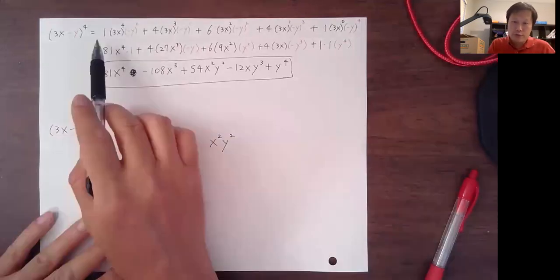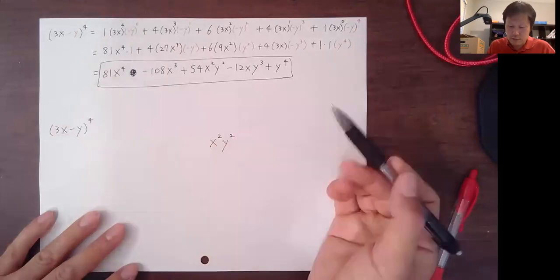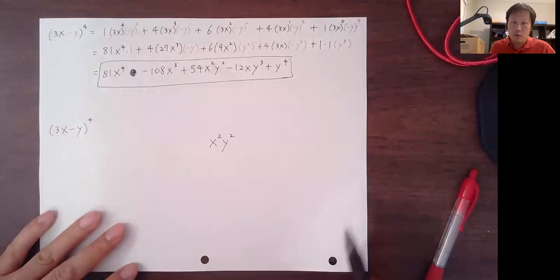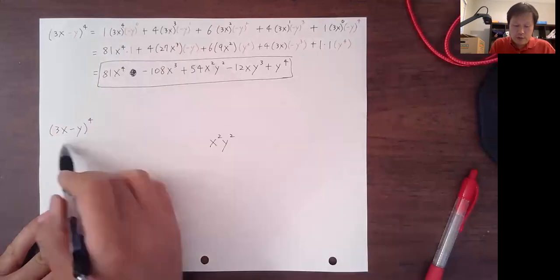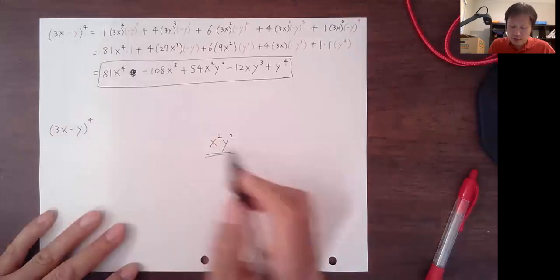So once you do all this work, you can see the coefficient of x squared y squared should be 54. So I could ask you, when you expand this, what's the coefficient of this term? Your answer should be 54.